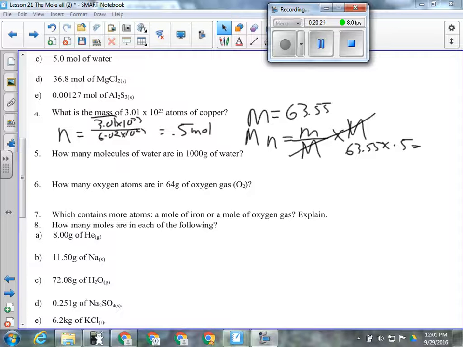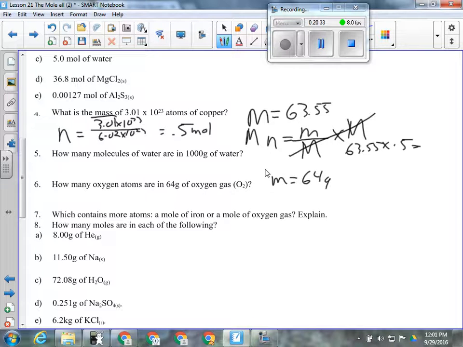So what I'm going to do is solve this question like I'm calculating the number of molecules of oxygen in 64 grams. So I know that the mass I have is 64 grams. I know the molar mass of oxygen gas is 32 grams per mole, 16 times 2. Everybody follow me there?